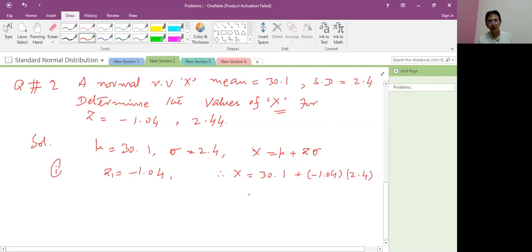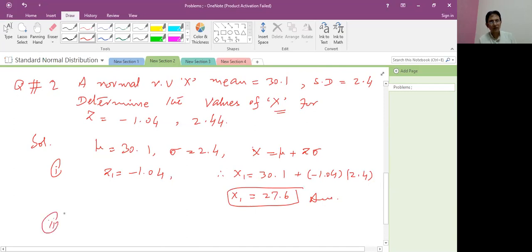When we apply the calculator and find the result, it is x1, because it is the first value. It is 27.6. So this will be your answer.